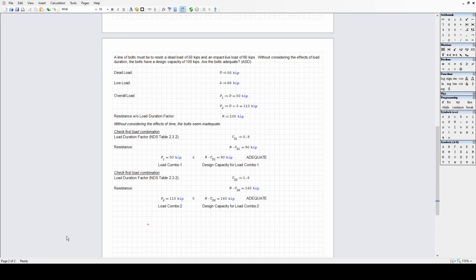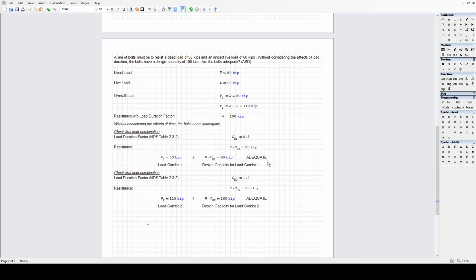But again, the key thing to remember is that the reference design values in the NDS are calculated for normal duration loads. In other words, loads with an expected occurrence time of 10 years over the course of a structure's lifetime. And something like impact is an instantaneous load that happens over a fraction of a second. And so we've learned in the previous lecture that wood exhibits greater strength for loads that are applied over shorter periods of time, and lower strength for loads that are applied over longer periods of time.